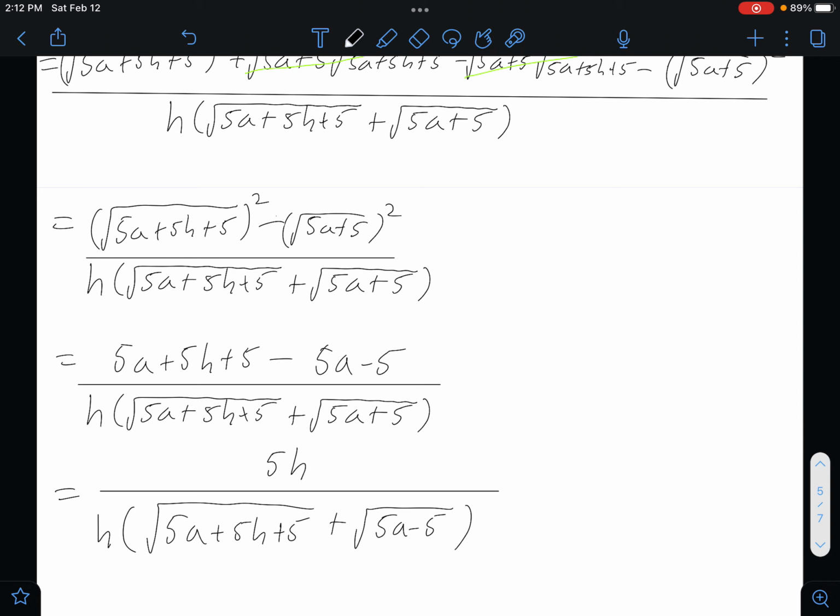So the numerator gets even better as a result of the complex conjugate, which is that a radical raised to the second power just means that the radical's gone. 5a plus 5h plus 5 is now outside the radical because it got squared. Same thing with 5a plus 5 that used to be a radicand. A radical raised to the second power means that this radicand is as is.